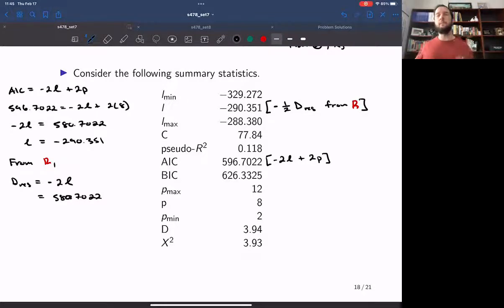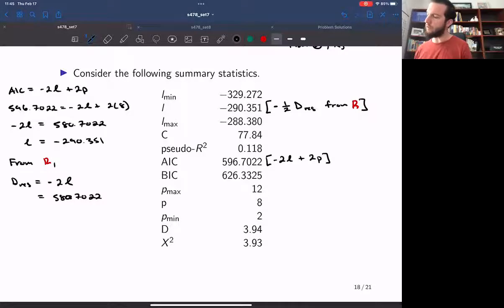Okay, so just keep that in mind when you're working with the output, particularly on assignment number 3, because you don't want to confuse the deviances. So you'll notice that the deviance that I have given below is 3.94. I'm going to show you where that comes from momentarily.